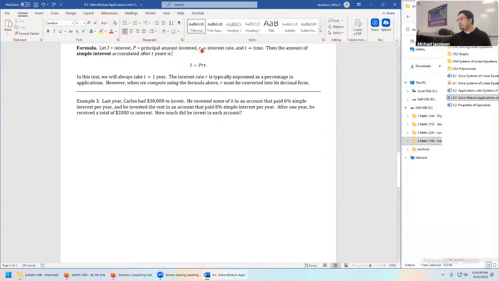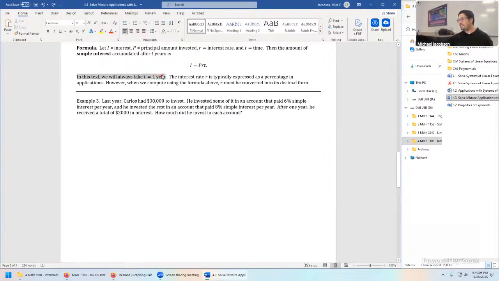If r is then the interest rate, and t is the amount of time, then the amount of money gained in interest, not the total balance of the account, but the amount of money just from interest itself, accumulated after t years, is found through this formula. Interest is the principal amount invested multiplied by the interest rate times the number of years t invested.